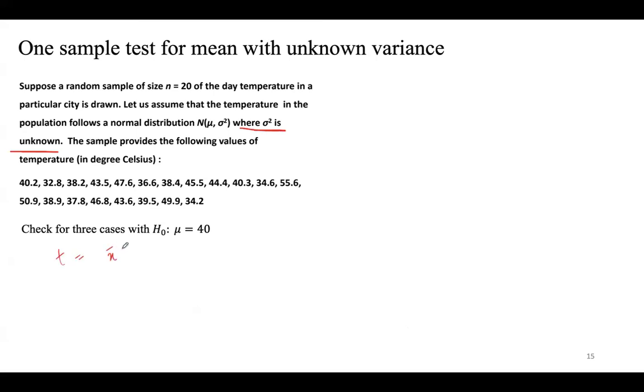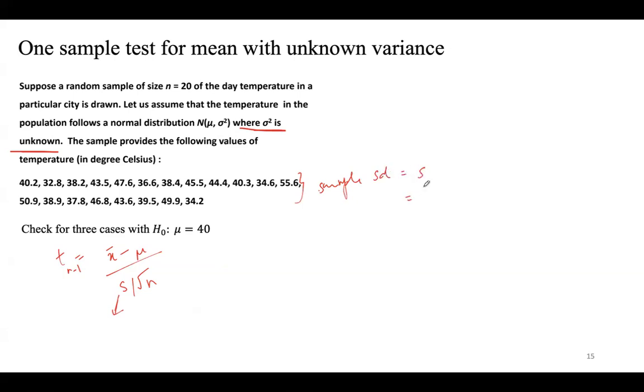We now need x bar minus mu divided by s upon root n minus 1. So now this s here is actually the sample standard deviation, right? Sample SD, that's equal to s.